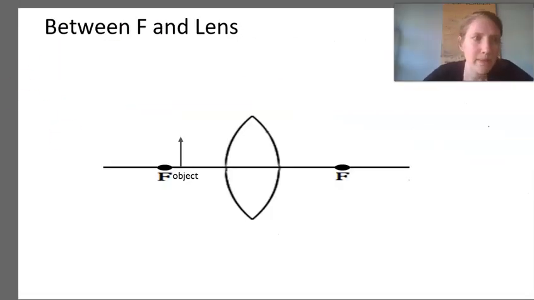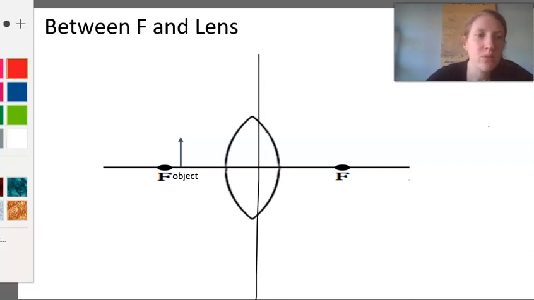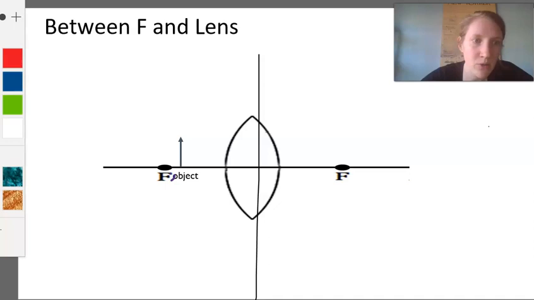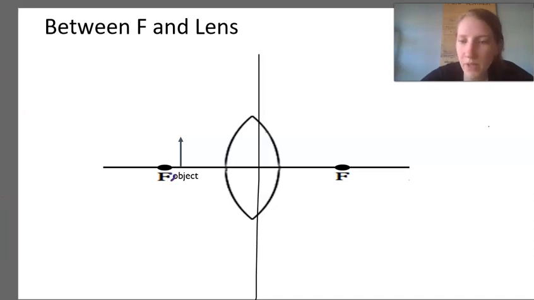Okay, let's do this example. So first, we probably need to add a principal axis down the middle, somewhat in the middle. And now we will do our first line. So with this one, it's going to be different from our example because our object is in between the secondary focal point and our primary focal point, which is this one.